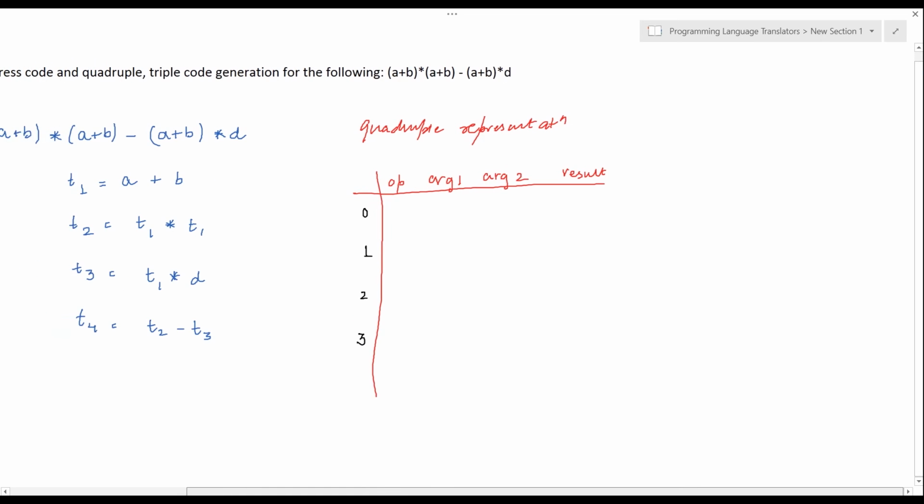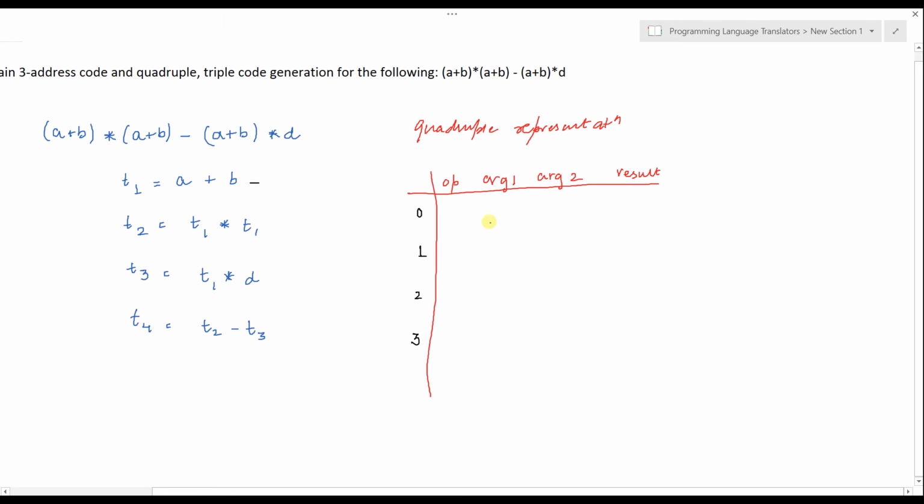For the first expression, we would write our operator as plus, first argument a, second argument b, and the result would be t1.